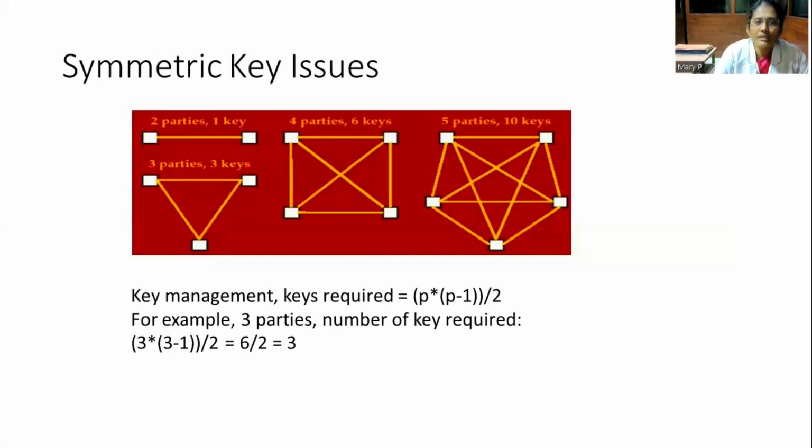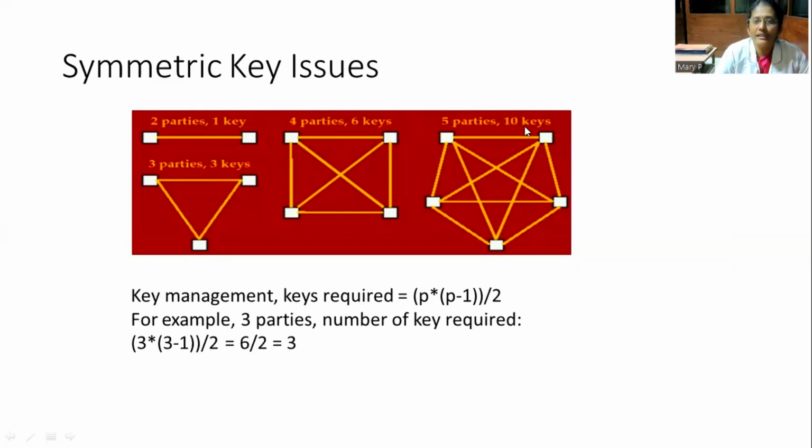Okay. So in this symmetric key, how many keys are used? If two parties communicate, they use only a single key. If the communication involves three parties, then we need three different keys. If the communication has four parties, then we need 6 keys.